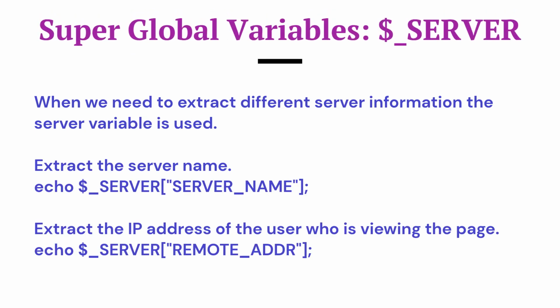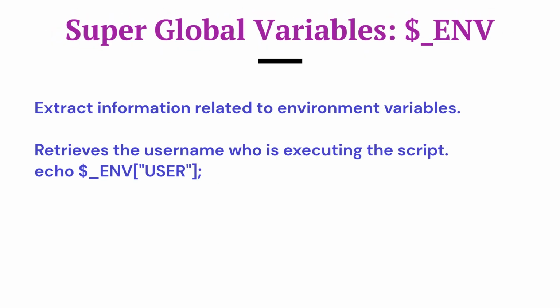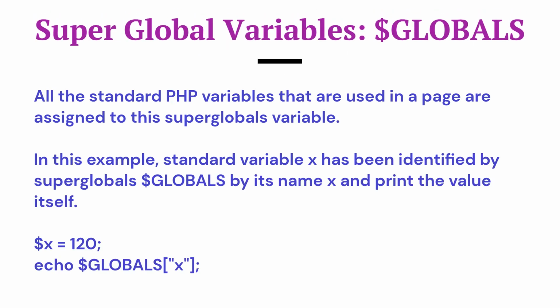$_SERVER. When we need to extract different server information, the server variable is used. We can extract server name, IP address of the user of the viewing page, and others. $_ENV. Extract information related to environment variables. $GLOBALS.